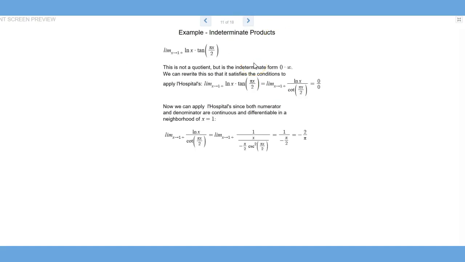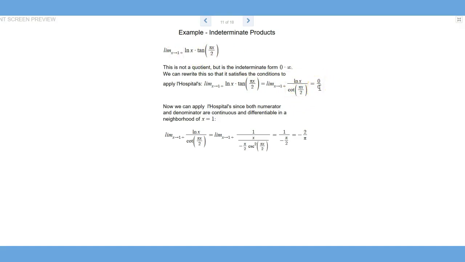So here's an example of an indeterminate product. The limit as x goes to 1 from the right of ln of x times the tangent of pi x over 2. So it's not a quotient, so I can't use L'Hopital's rule yet, but it is this indeterminate form. So I'm going to rewrite this in a way where I can use L'Hopital's rule. Remembering that tangent and cotangent are reciprocals, I'm going to rewrite this product as this quotient. And then it's in the form 0 over 0.